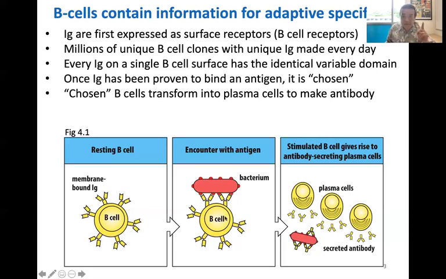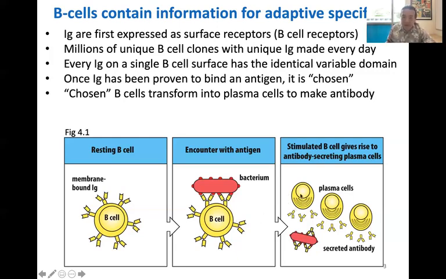This B cell is then chosen because it knows how to make this particular immunoglobulin shape, which is going to be the start of how your adaptive immune system spreads the word that this is a threat, right? That's bacteria.